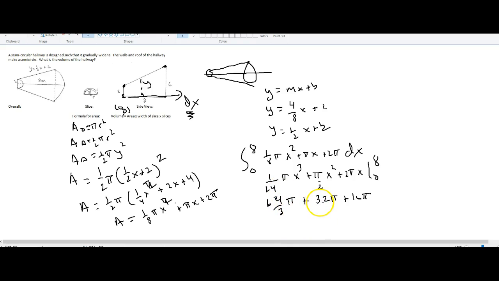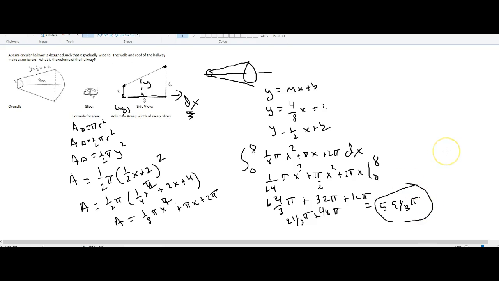So 53 1/3. Probably should add these two up first. 48 pi. 48 pi, and this is technically 21 1/3 pi. So this whole thing would end up being 59 1/3 pi units. No units, but it would be whatever it would be cubed.